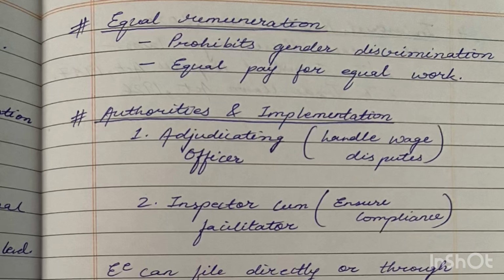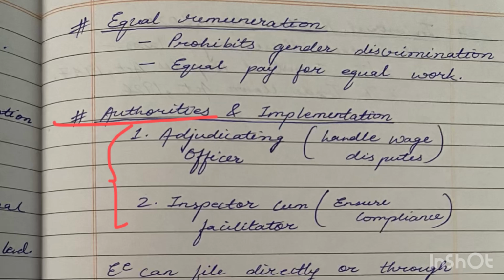And also, who are the authorities in implementation? First, the adjudicating officer, who handles wage disputes, and second, the inspector-cum-facilitator, who will ensure compliance. So only two authorities are there.